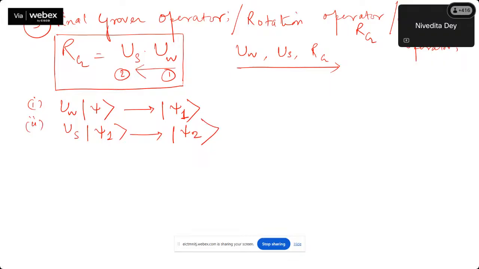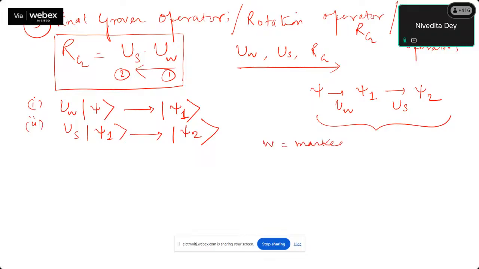Initially there is some psi, which becomes psi 1 on application of UW, and then psi 2 on application of US. Okay. So now we will be going into the geometric interpretation. I will be using the second page. Remember, W is the marked item, something that I want to find, and your S is the superposed state, or the standard state.